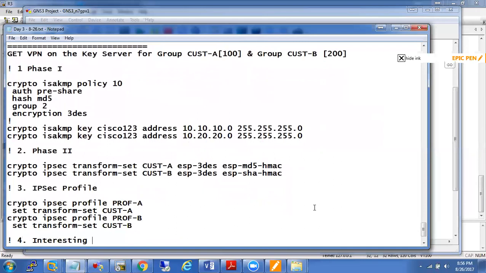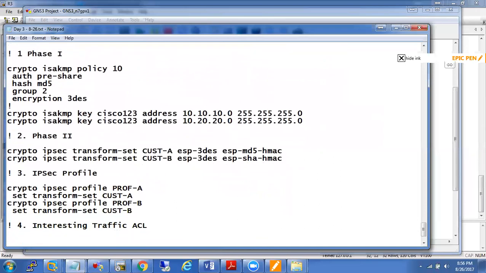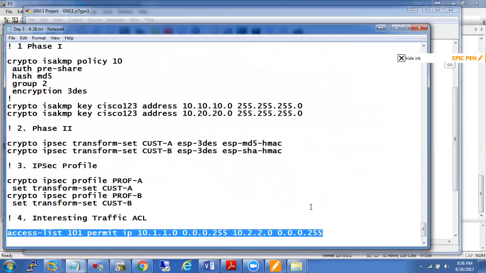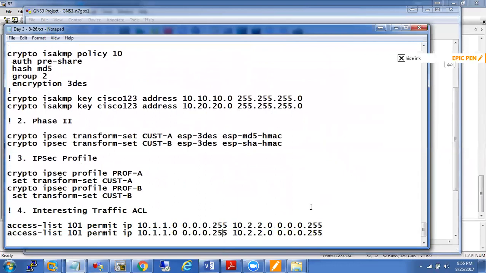Step 4. You guys remember? Access-list 101 permit IP 10.1.0.0 to 10.2.0.0. Actually, it's the same ACL, but I want to segregate it because I don't want to keep it the same.